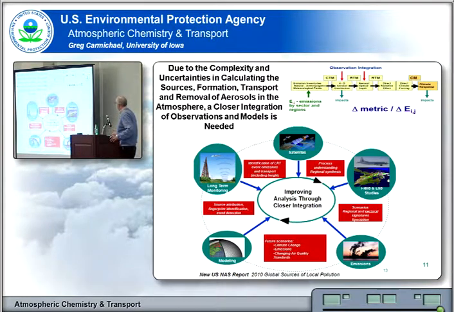The road forward, of course, is to come up with a better design and a tighter integration of the various capabilities, from our understanding, from observing systems to emissions. This was pointed out by the National Academy report.